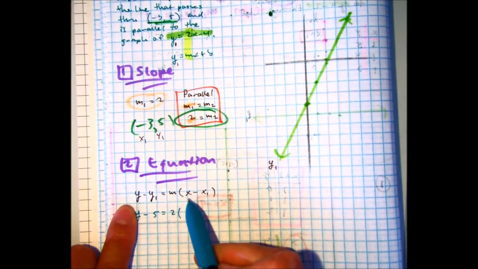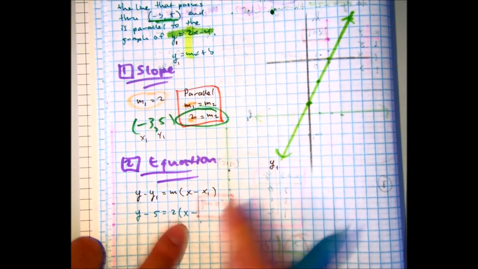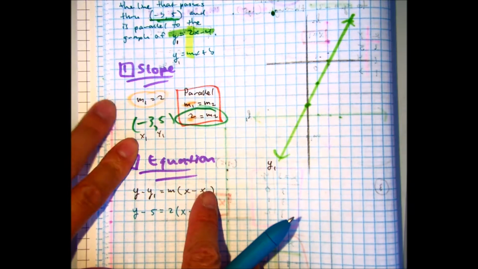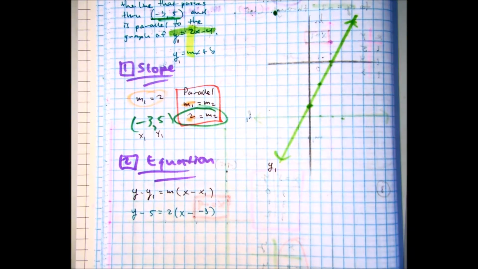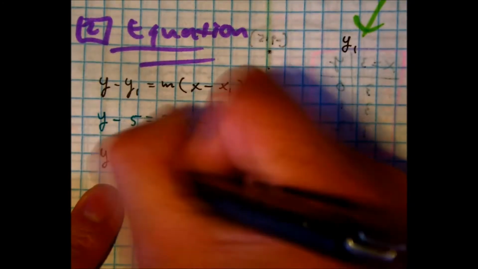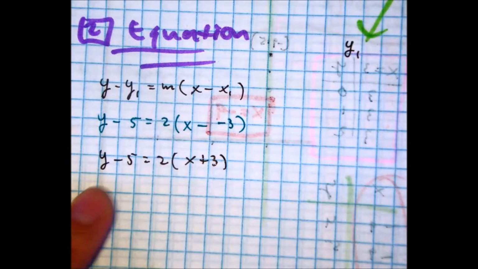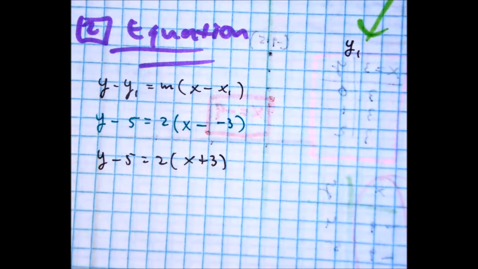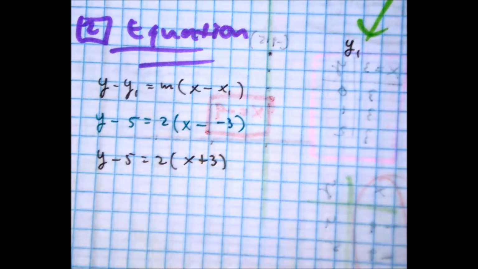These x's and y's without the subnumbers don't change. Pay attention, x1 value is -3. Do you see that? And now I'm just going to clean it up: y minus 5 equals 2 times x plus 3. Everyone say, don't distribute. I'm not going to distribute because here I have point-slope form.